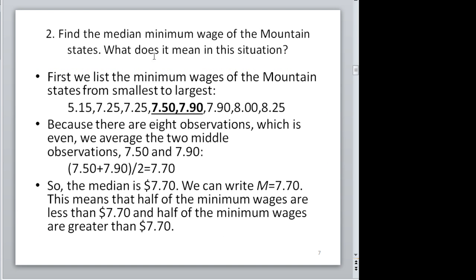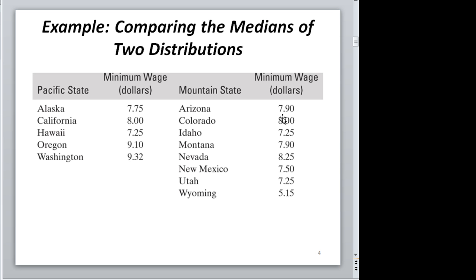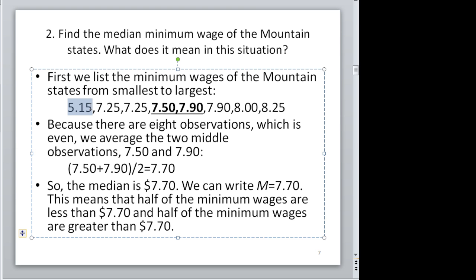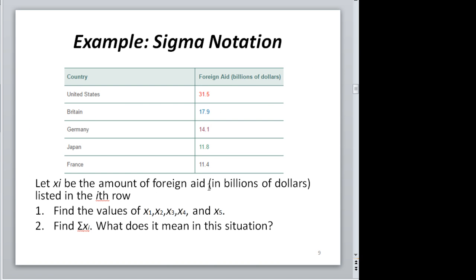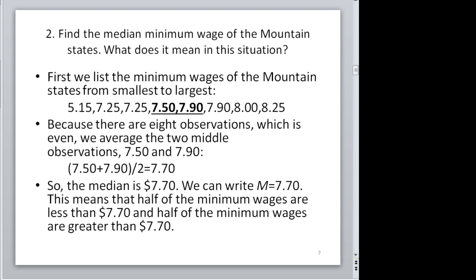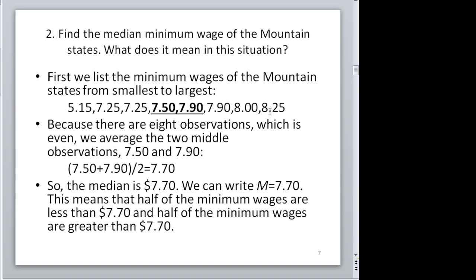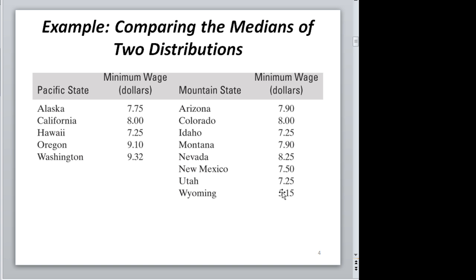Now let's go to the mountain states. We had 1, 2, 3, 4, 5, 6, 7, 8 different data points in the mountain states. If we rearrange it from the smallest one, I remember it was Wyoming, yeah, Wyoming. And the highest was $8.25, which was Nevada, right?